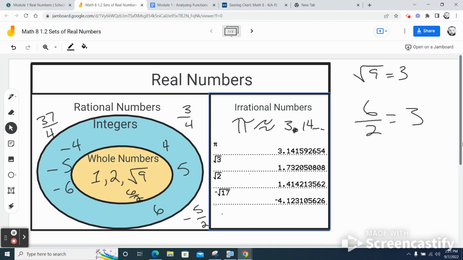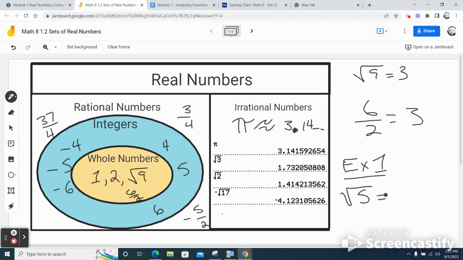So I did all that to say, because this is example 1. So somewhere on your paper, put example 1. What do you think the square root of 5 is? What set do you think that belongs to? Or sets.